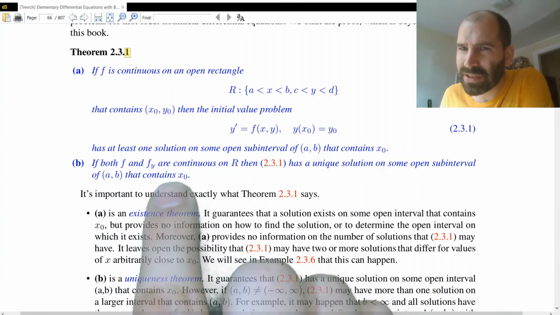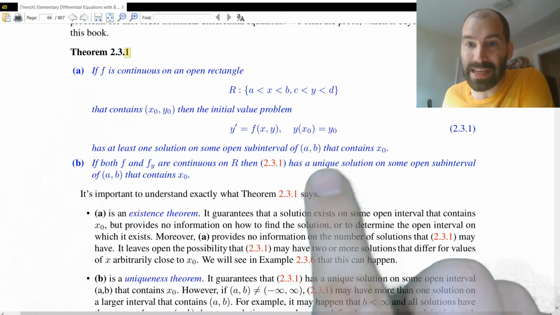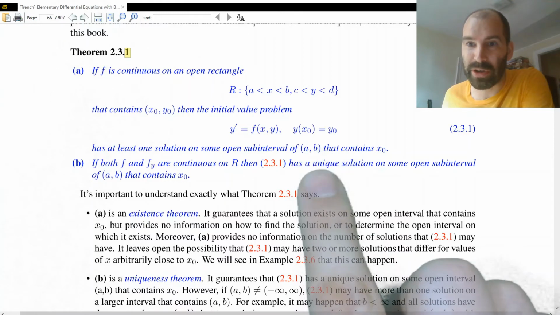Wait, isn't that what we just said? Well, no. This says at least one solution. This says unique solution. Key word, unique.